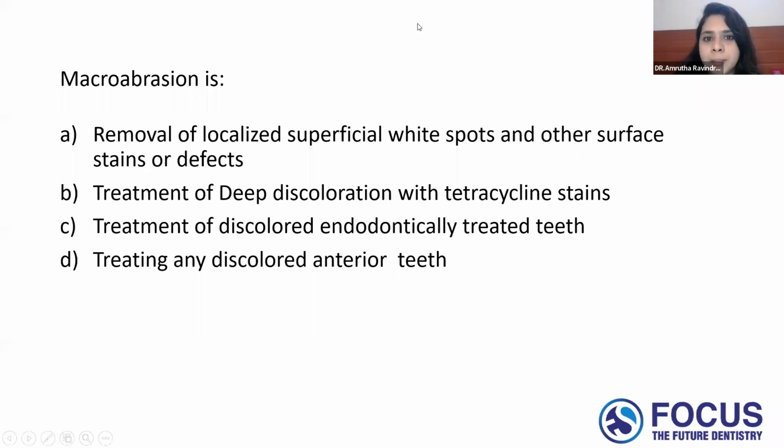What might be the answer? Yes. Everybody has got it right. Answer is A, removal of localized superficial white spots and other surface stains or defects. So macroabrasion cannot be used for deep discolorations. Keep it in mind. And for macroabrasion, you use a burr.